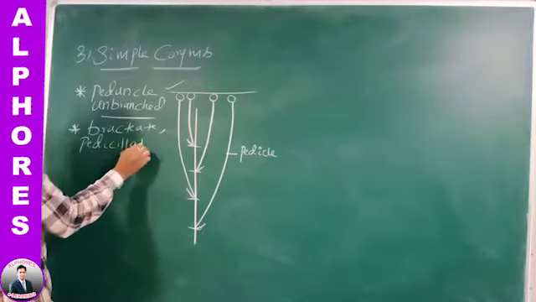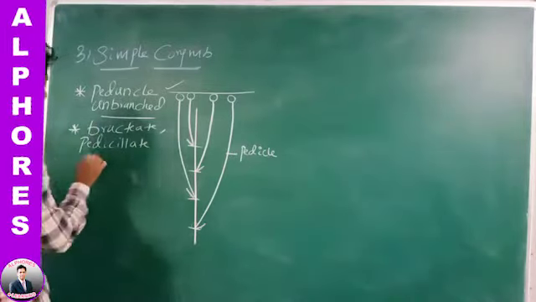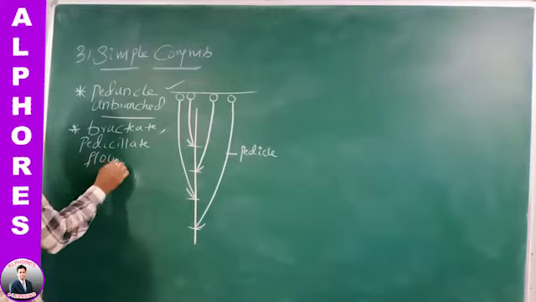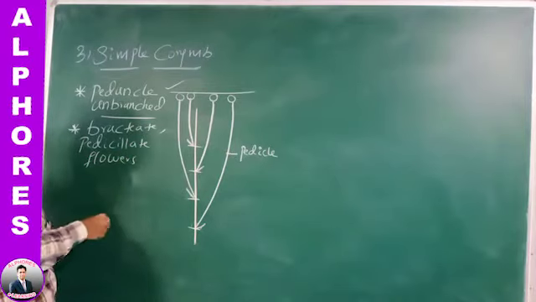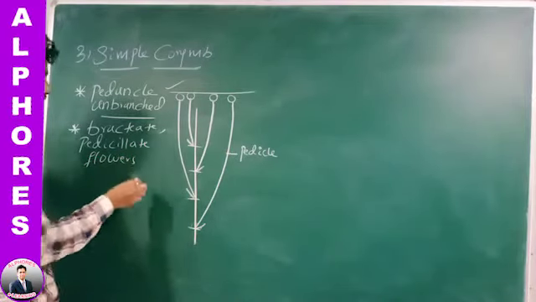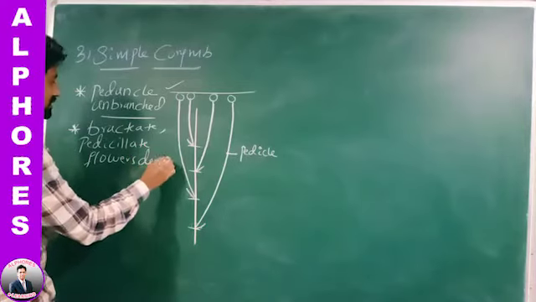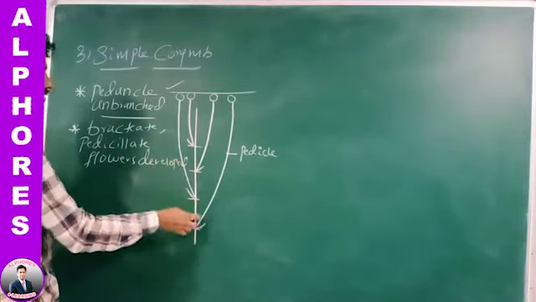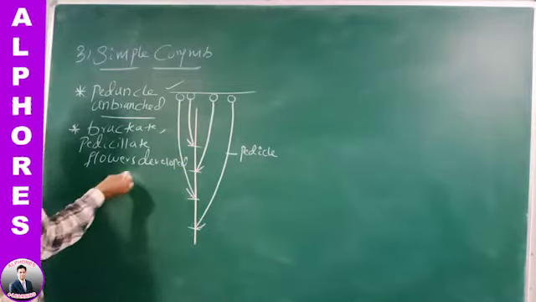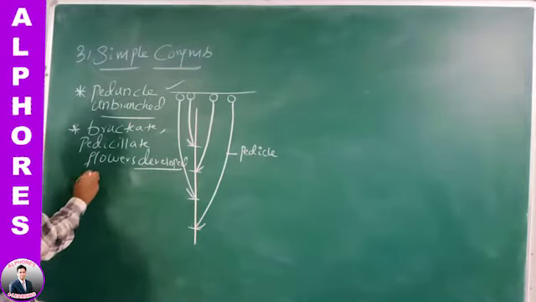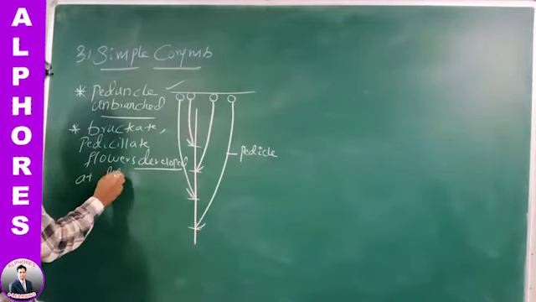Pedicellate means flowers with pedicel. Are the bracteate pedicellate flowers developed at the same node or different nodes? Developed at different nodes. You can see the diagram. Flowers are developed at different nodes.